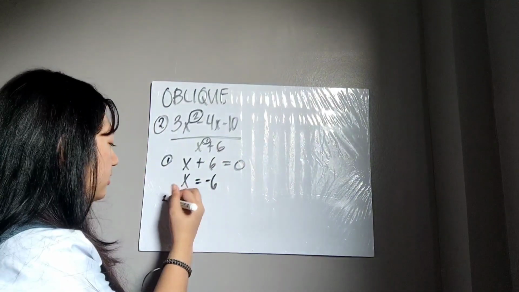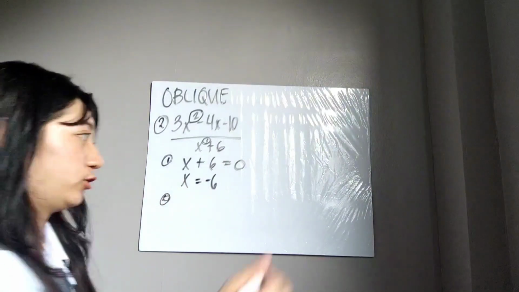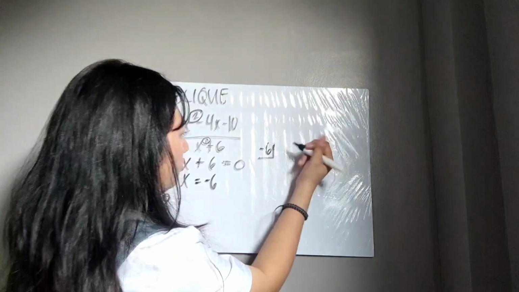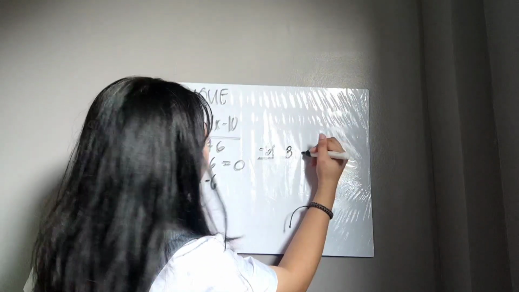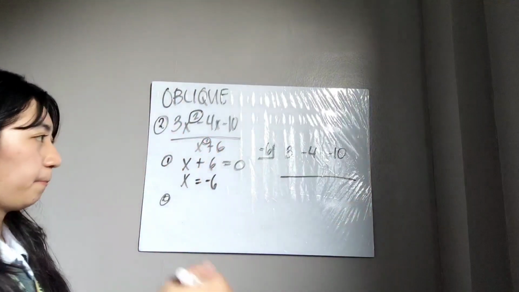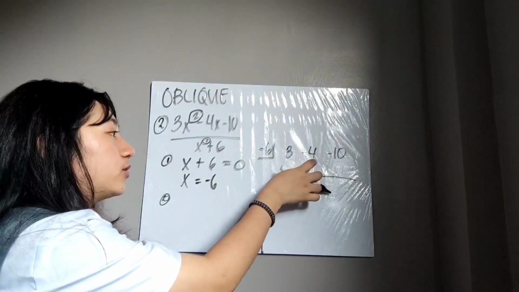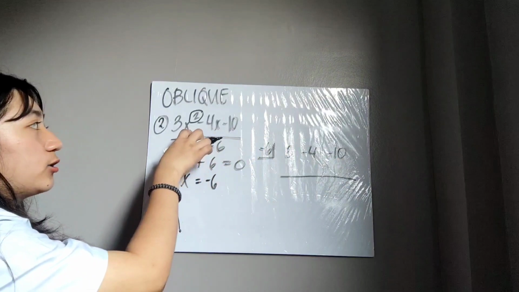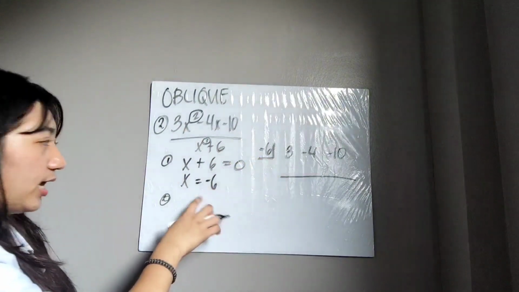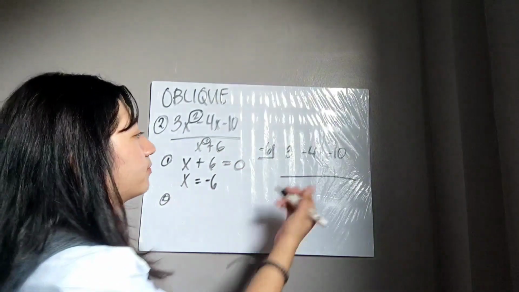Next natin is synthetic division. Yung 3 and negative 4 and negative 10, ito yung sa equation, yung nasa numerator. Negative 6 yung x sa denominator.